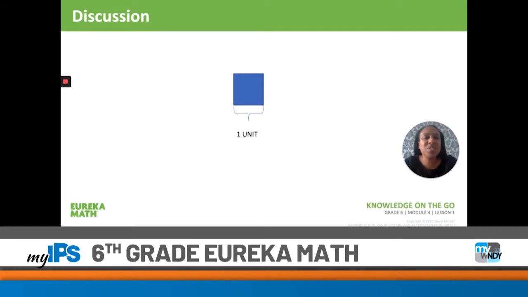If each of the squares represents 1 unit, represent the number 3 using the squares. Let's review the answer. Add 2 more squares to your tape diagram.